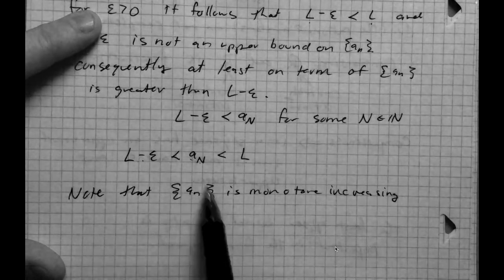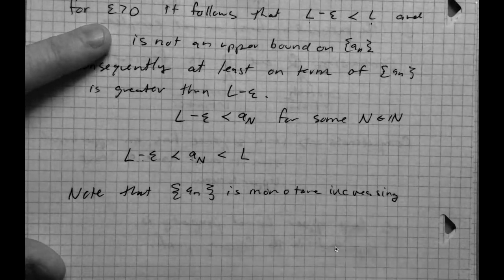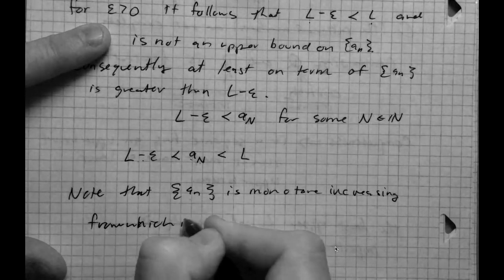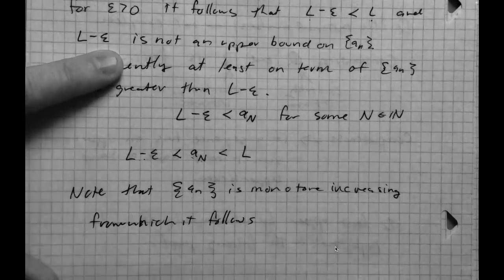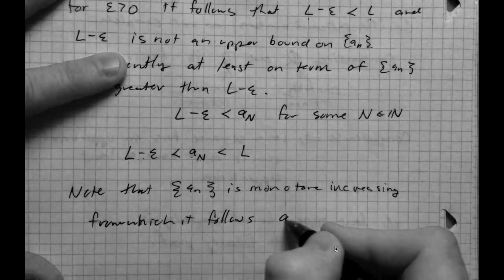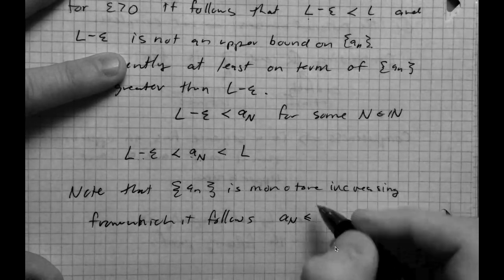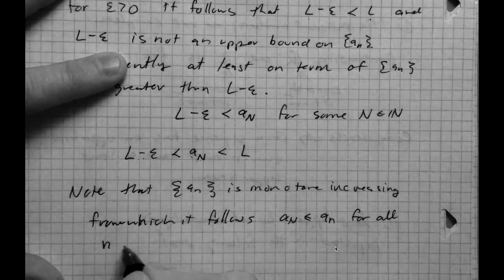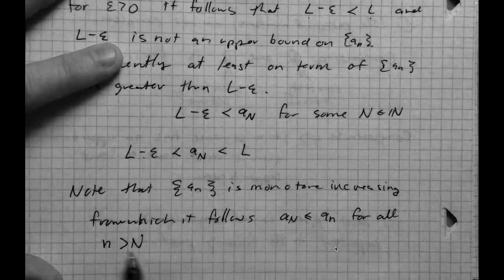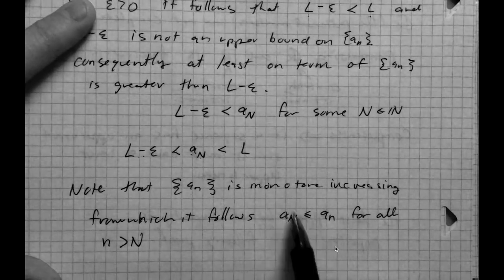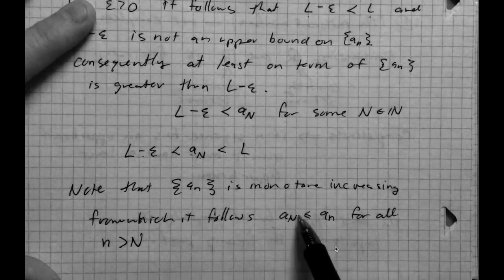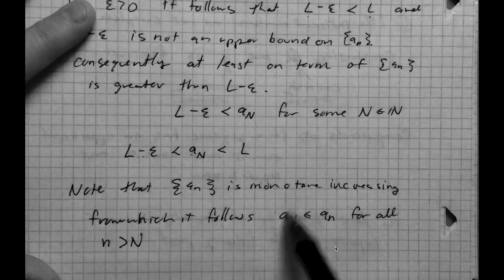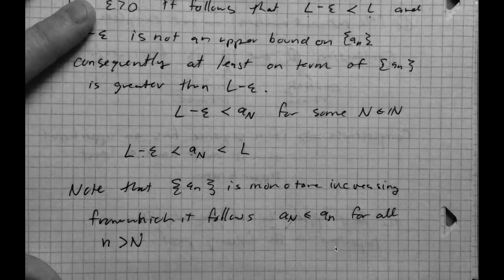So the sequence is monotone increasing, and from this it follows that A of big N is less than or equal to A of n for all n that come afterwards, for all n larger than N. Remember, this is an infinite sequence, so for everything after A of N, this is less than or equal to everything that comes after it.